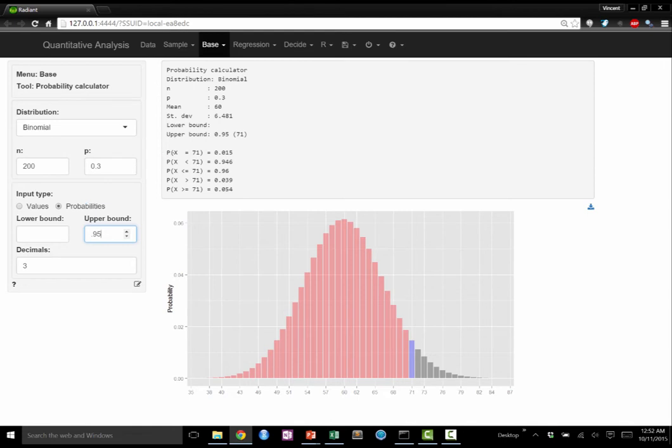The probability of exactly 71 people showing up is not very high, but the probability now of more than 71 people showing up is less than 5%. Okay, and so that tells us we have a service level in excess of 95%, which is exactly what we wanted.